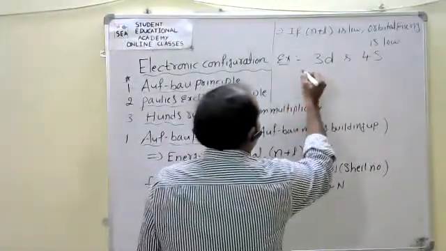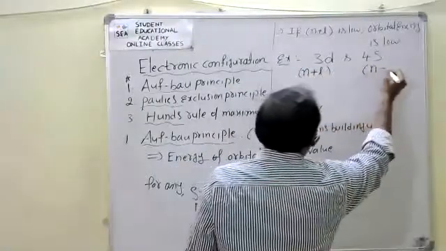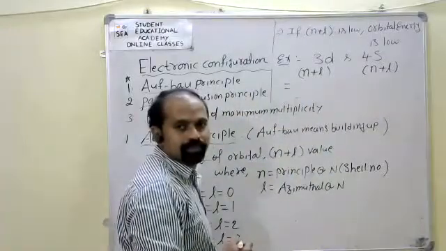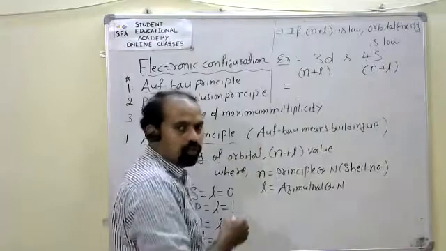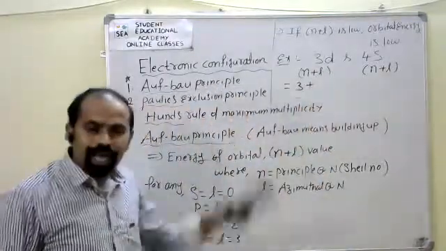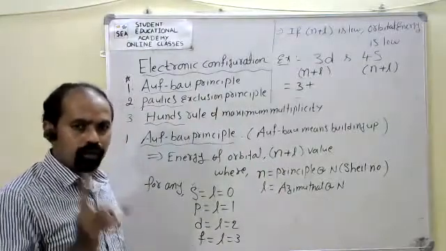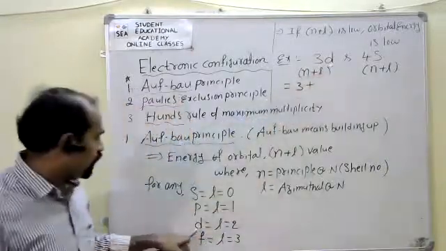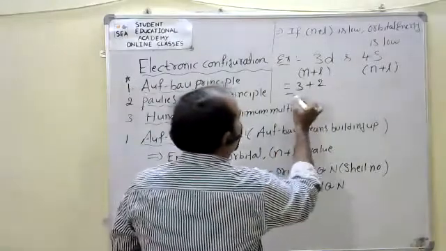Find the n plus L value. For 3d, the n value is 3. What is the L value? For d orbital, L equals 2. Total is how much?